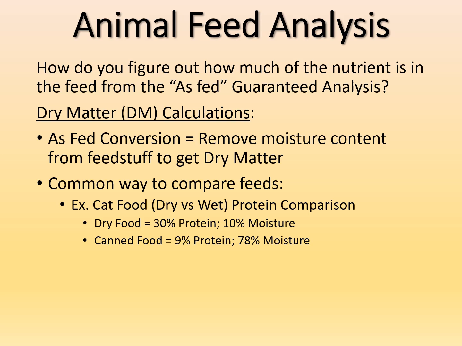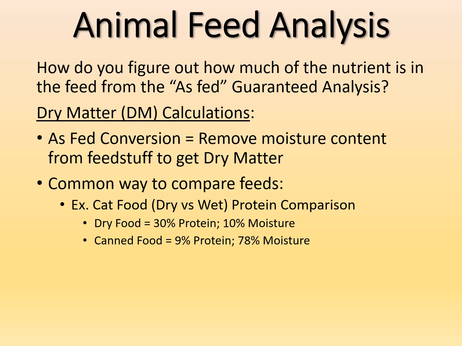Because if you just look at the guaranteed analysis, say we have a dry cat food that says it's 30% protein, 10% moisture. And then we look at the canned food, and it says 9% protein but 78% moisture. Now we want to compare the protein, and that looks pretty obvious.